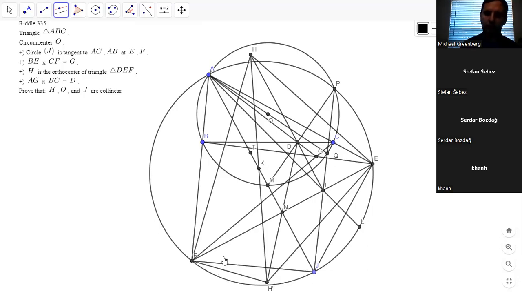So FH prime and FJ, or FJ and FH are isogonal, and then this and this are isogonal, and then LP and LN are isogonal.